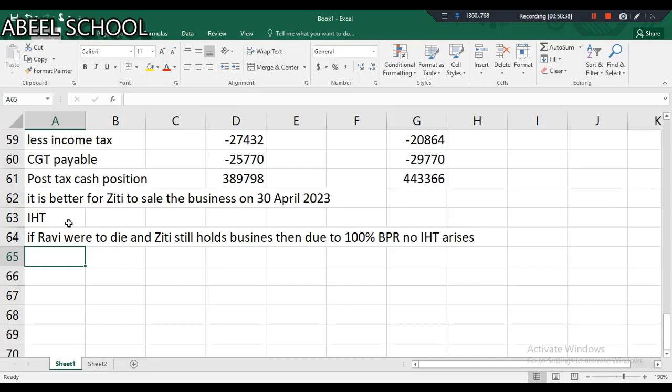But if ZT does not hold the business, then BPR will not be available.